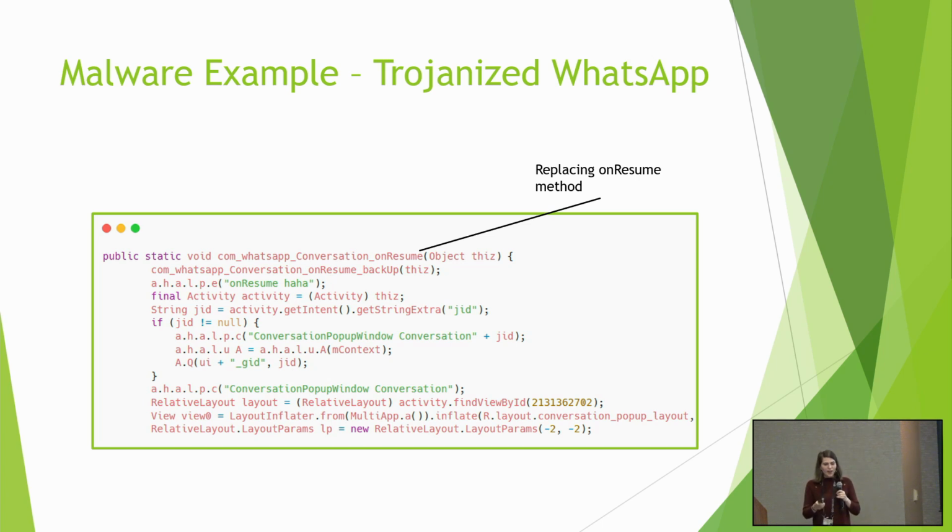So then they call this onResume, which is going to be replacing the actual onResume method that is usually associated with WhatsApp. And of course they put in onResume haha because they're switchy and they can. Even though they're using this complicated obfuscation, they have nice plain text strings for us, so kind of funny. But they are actually using this runtime manipulation.